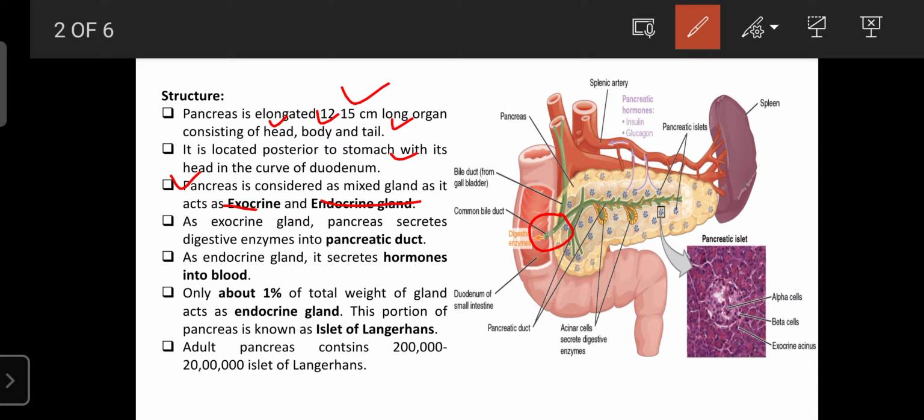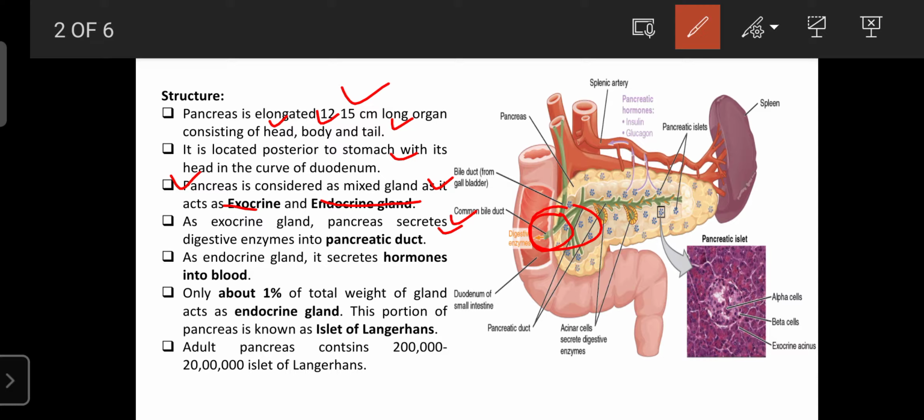Those two hormones are involved in metabolism as part of the endocrine system. They facilitate the metabolism of carbohydrates, proteins, fats, and even minerals. Due to the secretion of insulin and glucagon, the pancreatic gland is considered an endocrine gland. As an exocrine gland, the pancreas secretes digestive enzymes into the pancreatic duct, which opens into the duodenum just below the stomach.